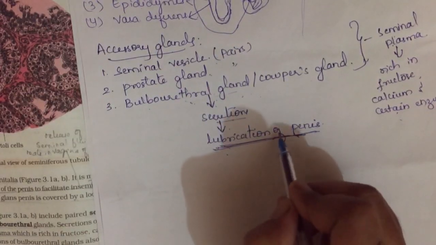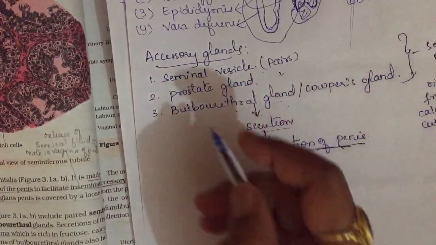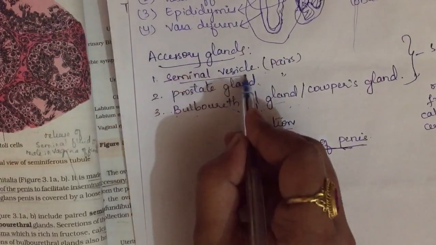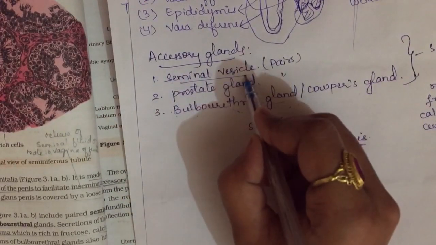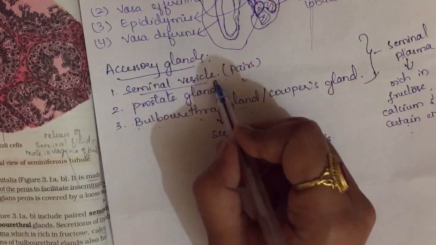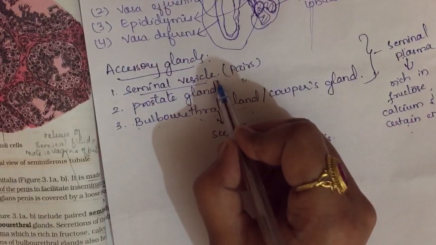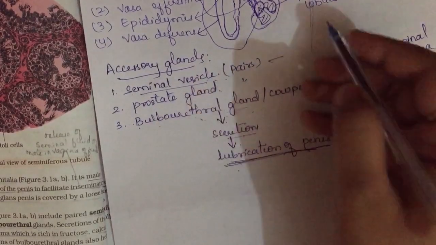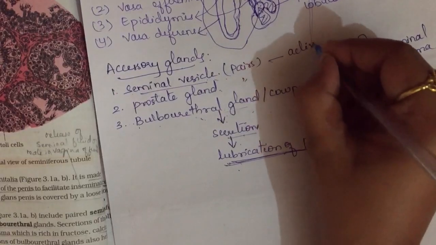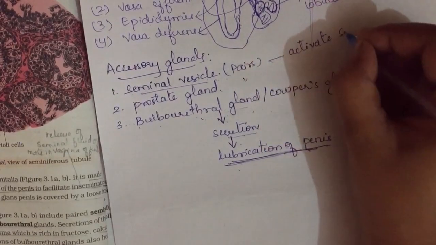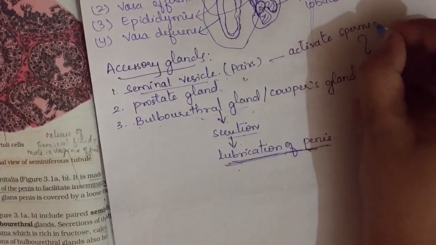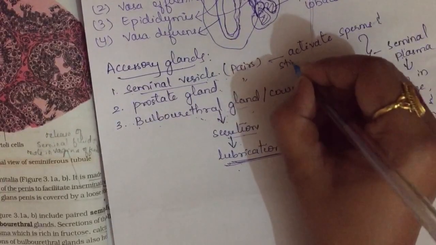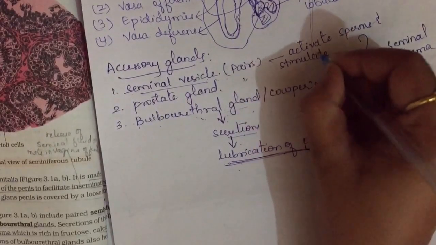Okay. Now if we discuss each one separately, first one, seminal vesicle. The seminal vesicle is used to activate the sperms and stimulate vaginal contraction.